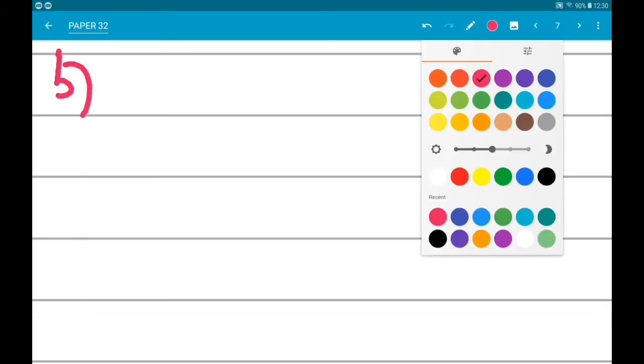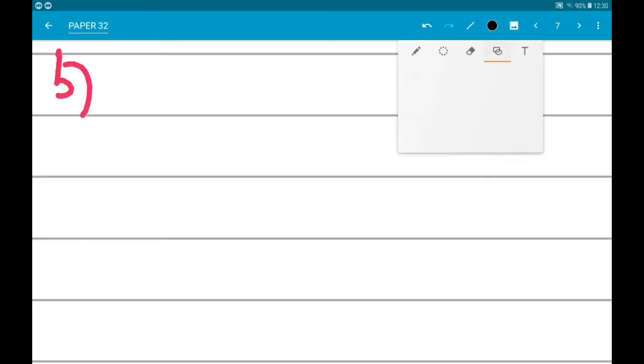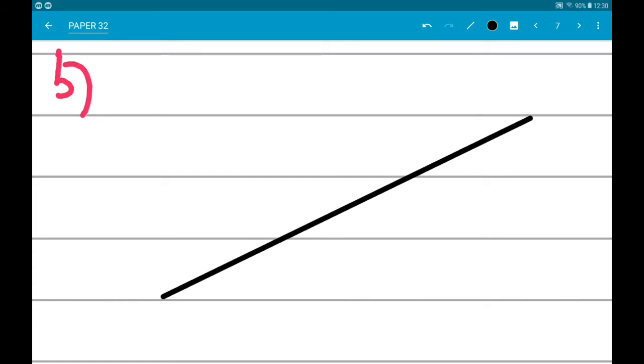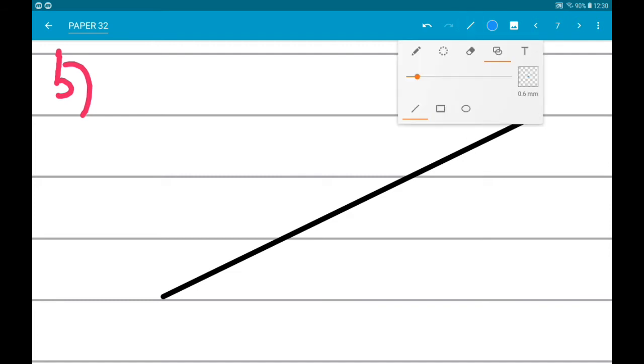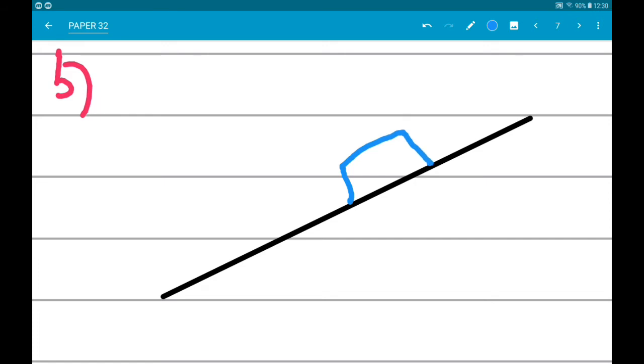So when A is no longer being pulled up, what's trying to pull it down? It's the component of your weight, so that's the 10mg over 13.